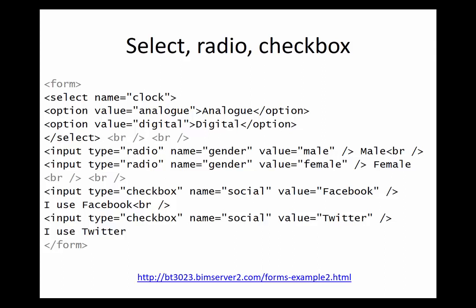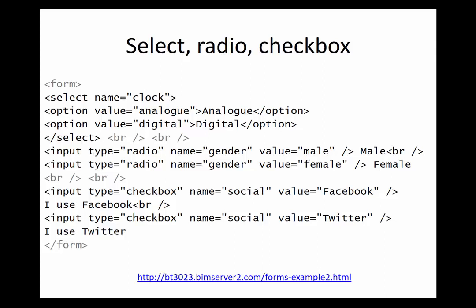But if you try it out yourself, and if you made it happen yourself, it's easier for you to remember the concept as well. And the more you try these things out, the more you remember, oh yeah, there's a drop-down list, there's a radio button, there's a checkbox. But it doesn't matter if you don't remember what the type is called. In this case, we've got a tag called select, we've got a radio button, we've got a checkbox.